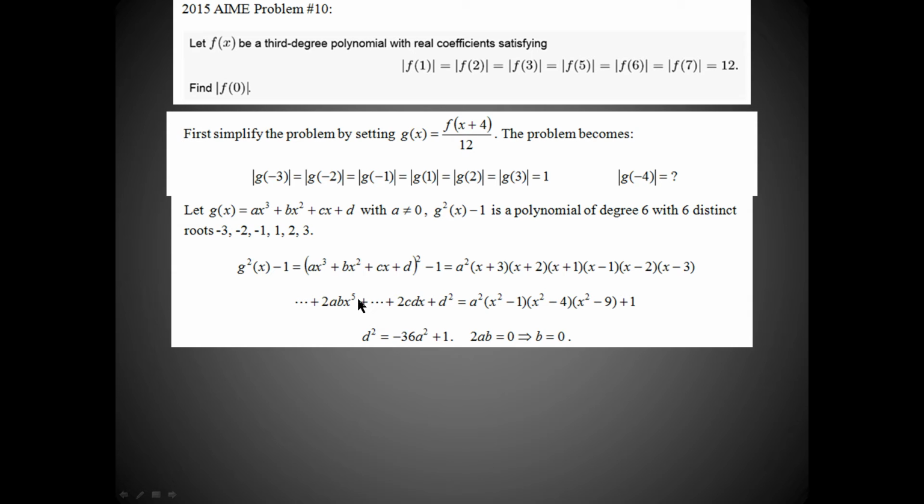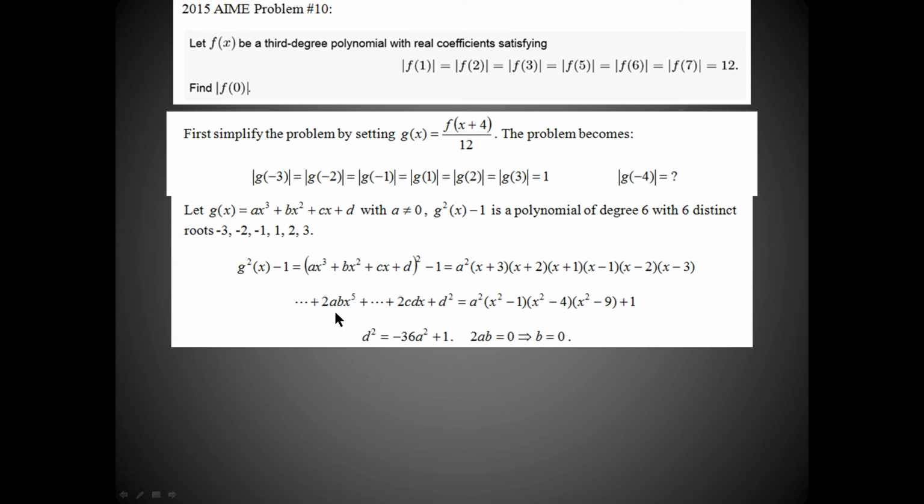Then I will look at the x to the 5th power term, the degree 5 term. That will be 2ab, then x to the 5th. I will compare the terms, so I know that this square is x squared times -1, -4, -9 plus 1, so this square is -36 a squared plus 1.